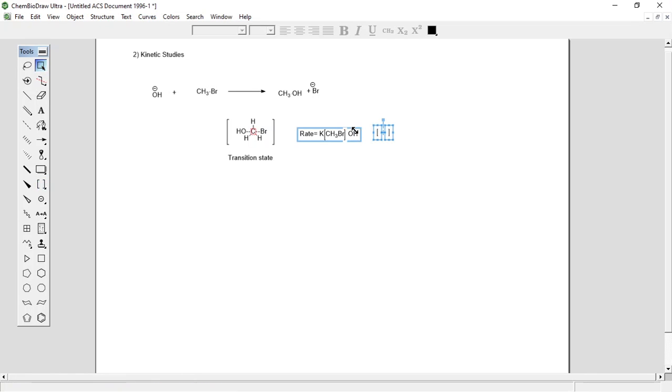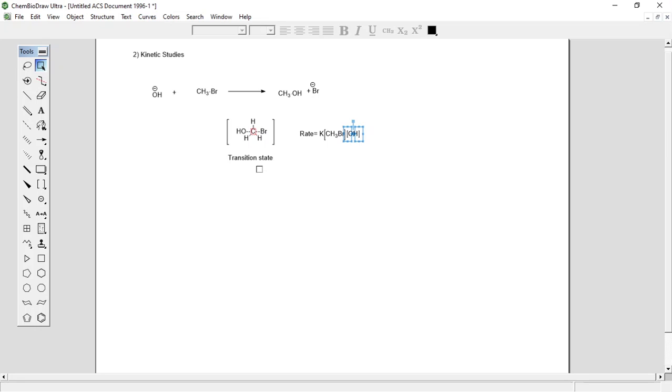So in the alkaline hydrolysis of a primary alkyl halide, the rate of reaction depends on the concentration of both alkyl halide and nucleophile, and this information suggests that the transition state involves both the alkyl halide and nucleophile, which then changes into product.